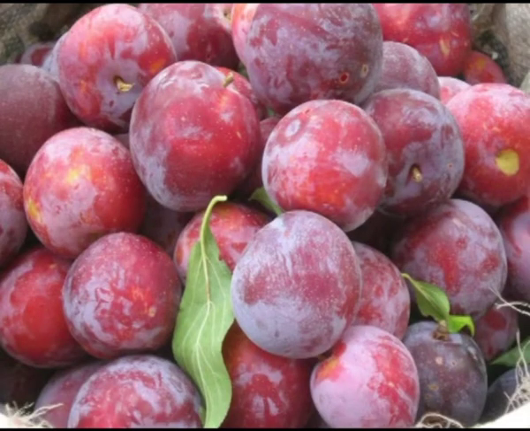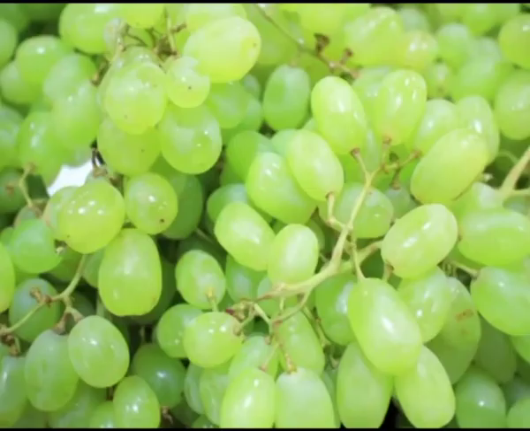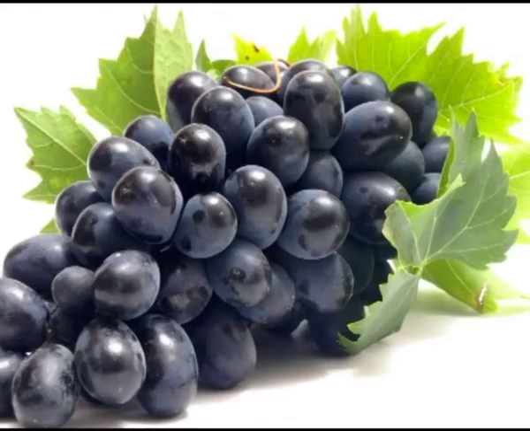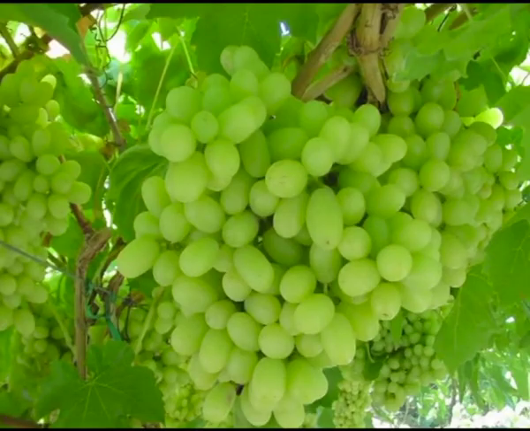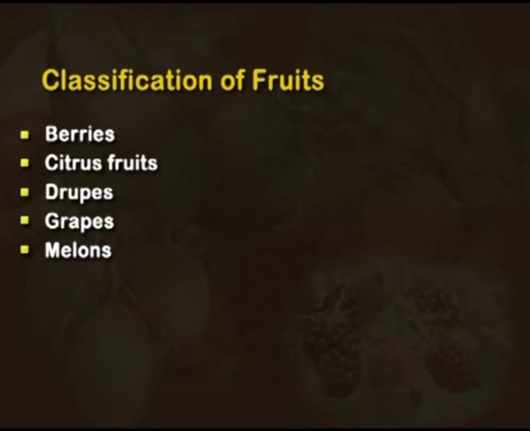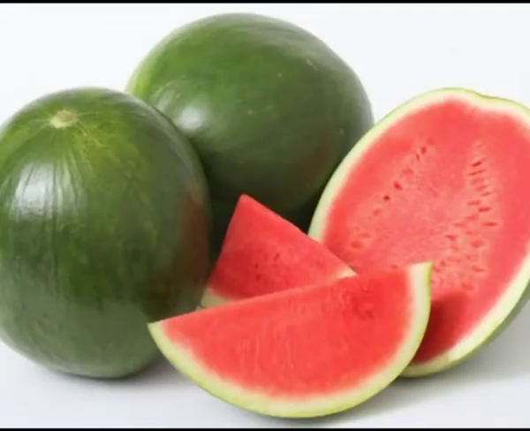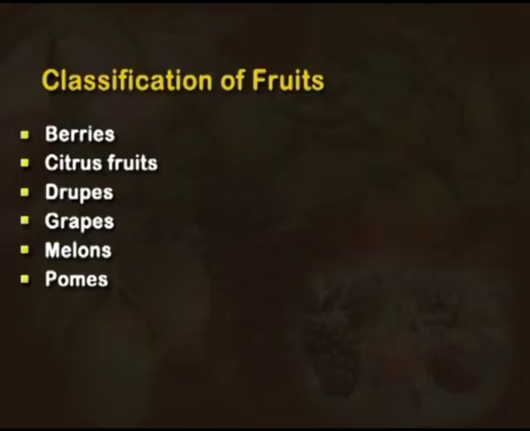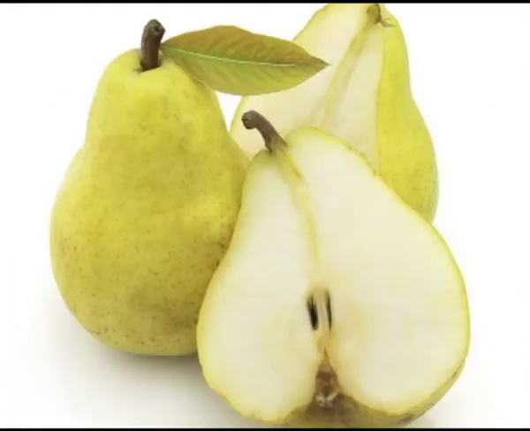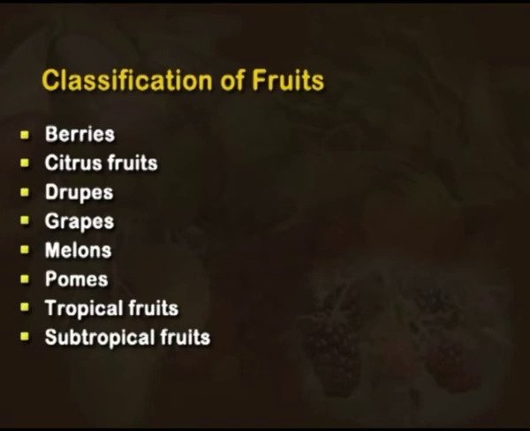Now whatever fruits I am telling you, they are available in India. Now grapes, we have green grapes, we have black grapes, and we also have the seedless grapes. Under melons, only two types, the musk melon and the watermelon. We have under pomes, apples and pears, only these two fruits. Now tropical and subtropical.